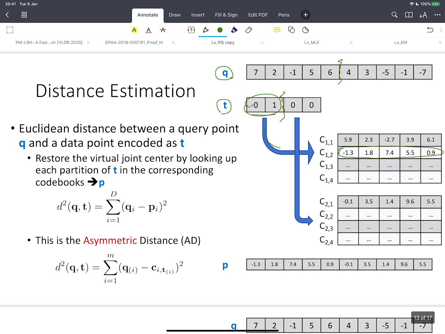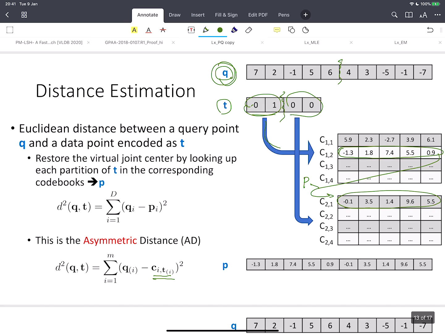In notation, for 00, it will look up and give you this guy, and you concatenate them together into a row vector, and then for this Q, I think I call it P.